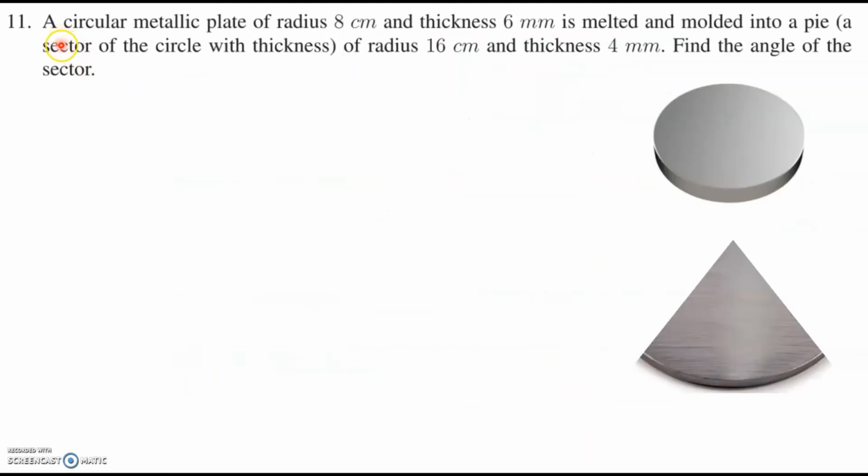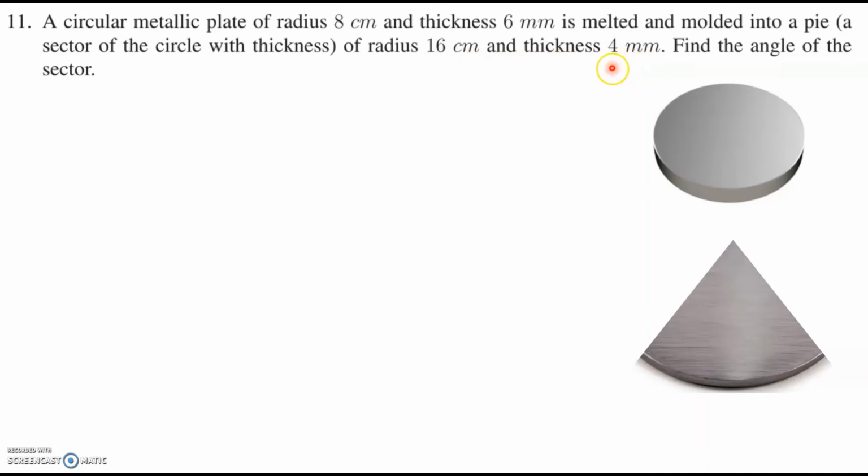Question number 11. A circular metallic plate of radius 8 centimeters and thickness 6 mm is melted and molded into a pie, a sector of a circle with radius 16 centimeters and thickness 4 mm.